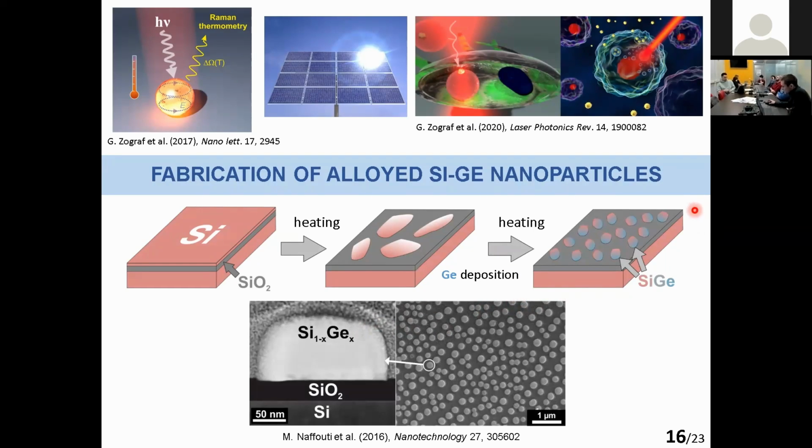As a result of such a procedure, fully alloyed silicon-germanium nanoparticles of hemispherical shape were fabricated, and the germanium concentration in these nanoparticles is controlled by the duration of its deposition, and the average size of nanoparticles depends on the initial thickness of the silicon film.